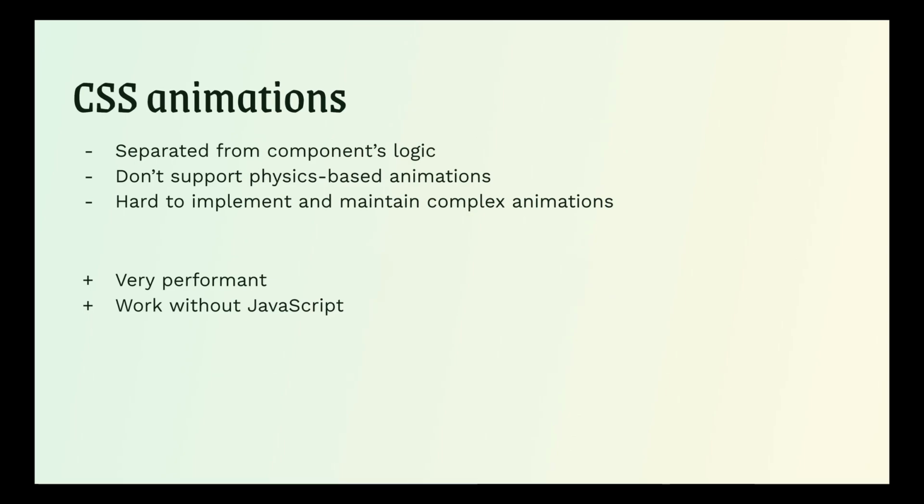CSS animations don't support physics-based animations or transitions. It's mainly Spring and Inertia, and we will talk about them more in one of the further chapters. But for now, you need to know that if you want to use Spring, you pretty much need to use JavaScript animation. And the last disadvantage, it's really hard to implement and maintain complex animations.